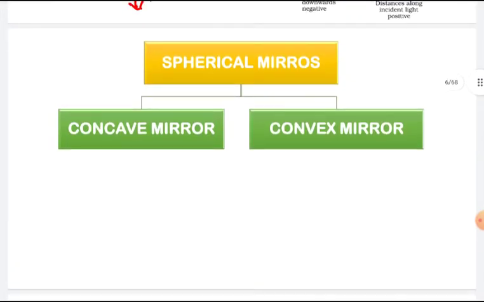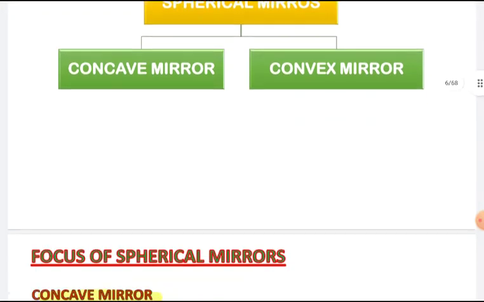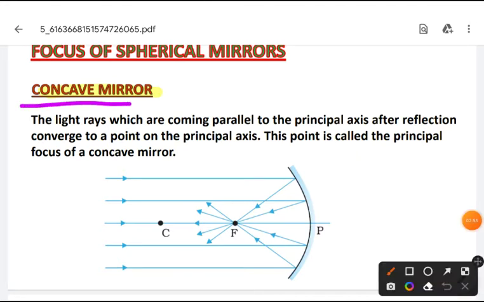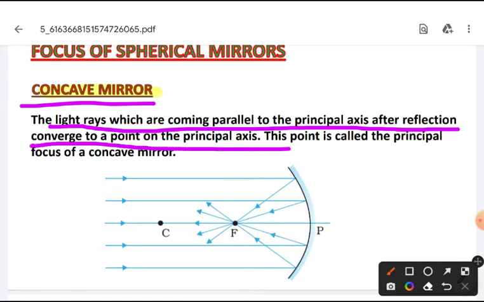Spherical mirrors are of two types, concave mirror and convex mirror. In a concave mirror, the light rays coming parallel to the principal axis converge to a point on the principal axis after reflection, and this point is called the principal focus of a concave mirror.